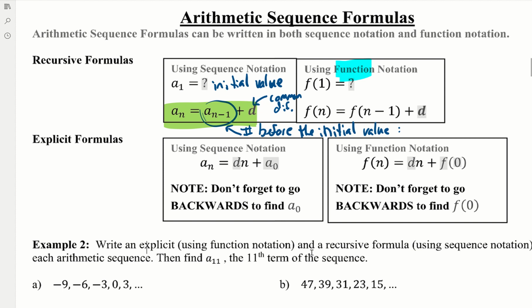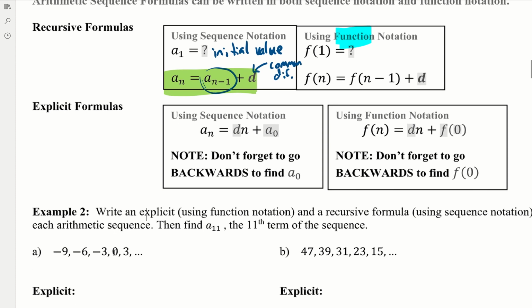Again, the point of doing this is that we can predict a certain value based on the value that came before it, okay?